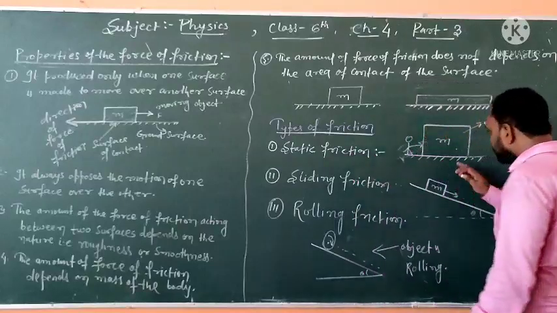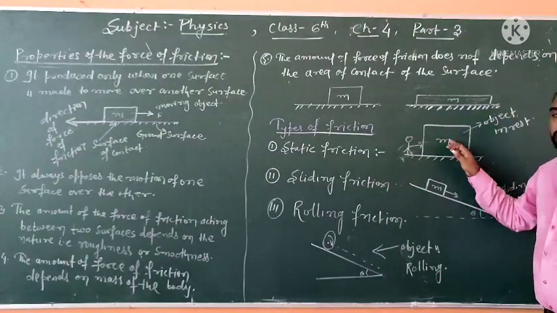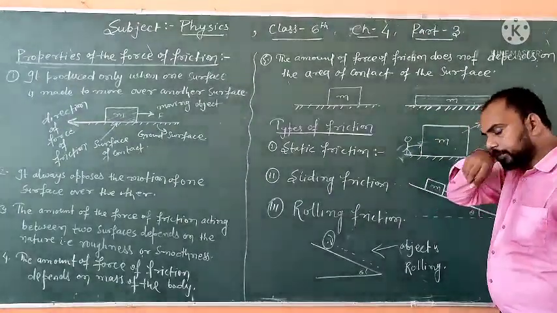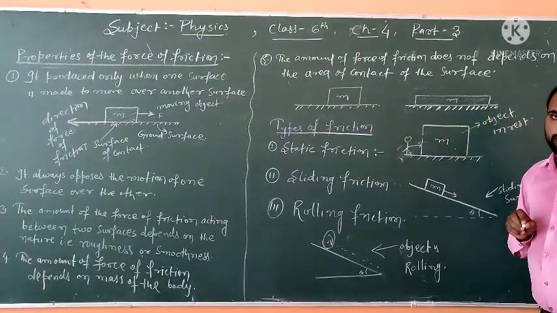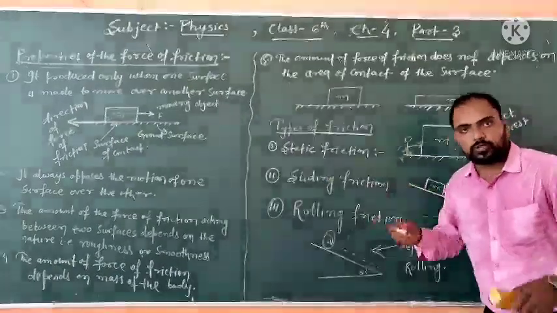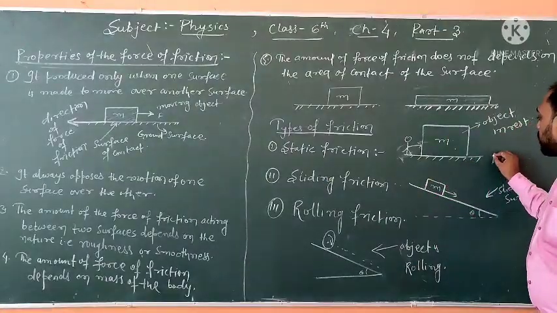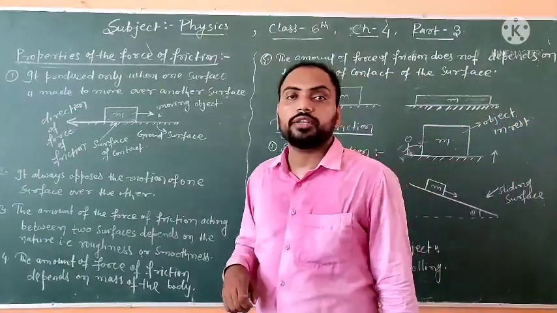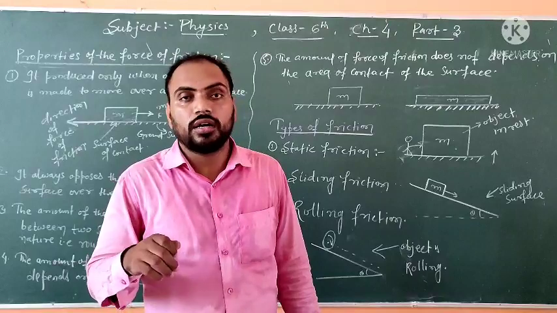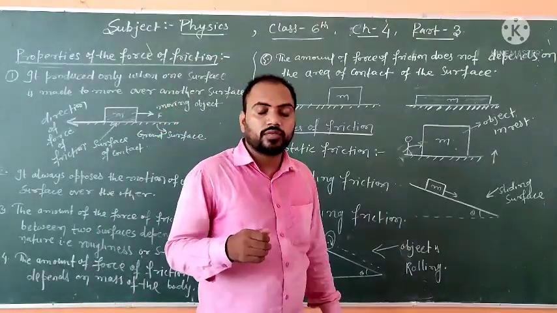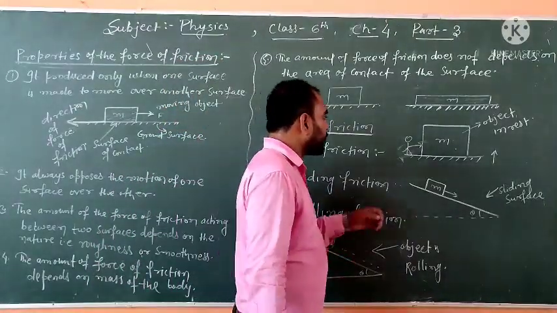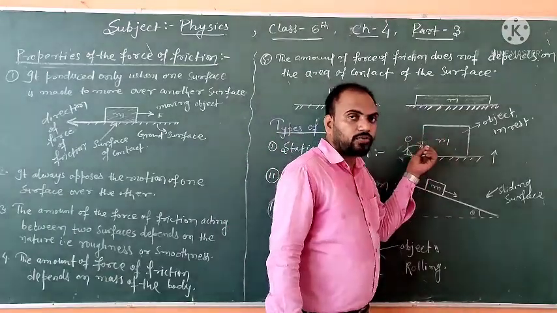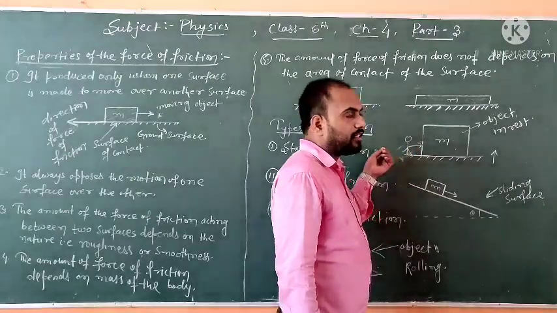For example, for a body having mass, if you apply some force, there will be a relative force of friction. If you apply more force, there will be an increase of force of friction. Why does it happen? According to Newton's third law, to every action there is an equal and opposite reaction. If you apply force a little bit, the same amount of force of friction will appear in the opposite direction.